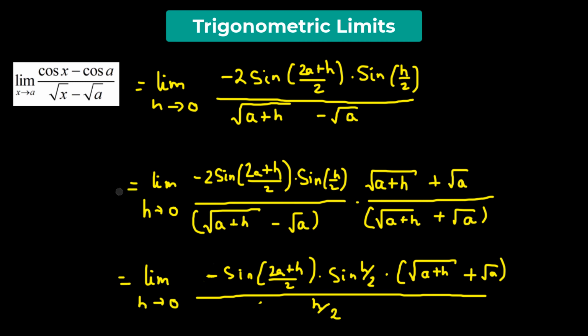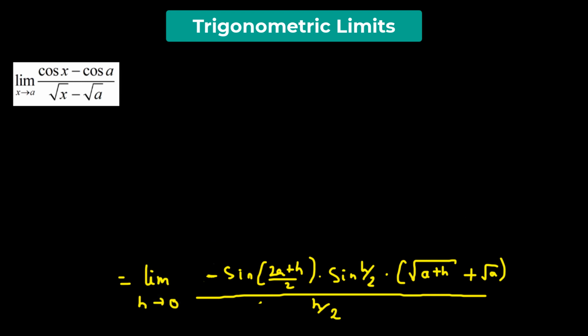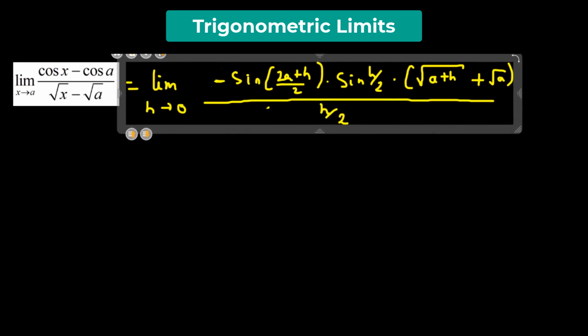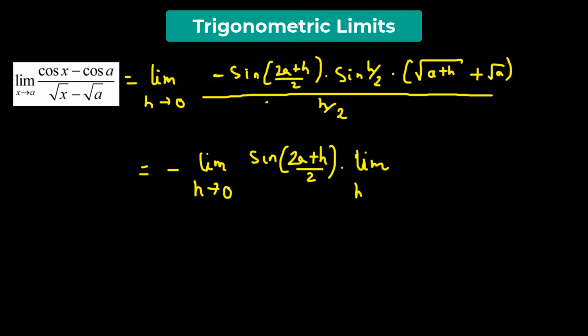So let's do that. So we'll have negative the limit as h approaches 0 of sine of (2a plus h) over 2, times the limit as h approaching 0 of the square root of a plus h plus the square root of a, times sine h over 2 divided by h over 2.